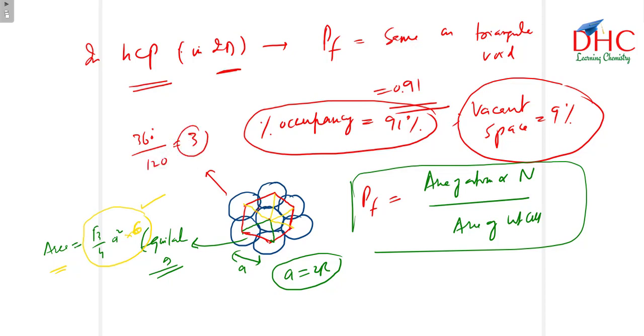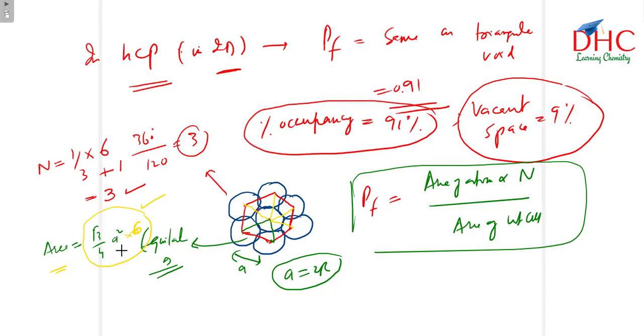This comes out to be 3. इसका मतलब ये हुआ ये जो एक स्फीयर है, ये जो एक सर्कल है, it is contributing 1/3 to the per unit cell. So it contributes 1/3 per unit cell. तो n will be equal to 1/3 multiply 6. एक एटम कंट्रीब्यूट करता है per unit cell 1/3. तो ये कितने हैं? 6 है, multiply 6 plus ये जो बीच वाला स्फीयर है this contributes fully to the unit cell, means 1. तो ये निकल कर क्या आएगा? 3 1s are 3, 2 2s are, so number of particles will be equal to 3.